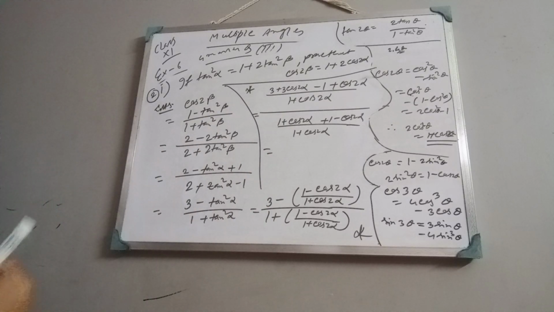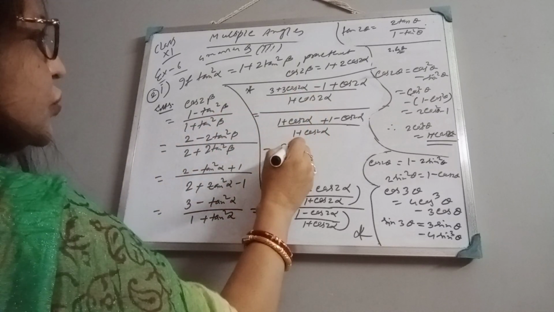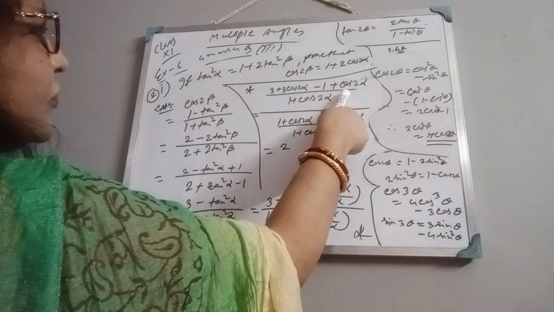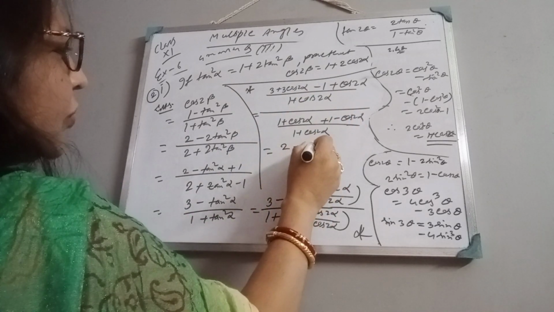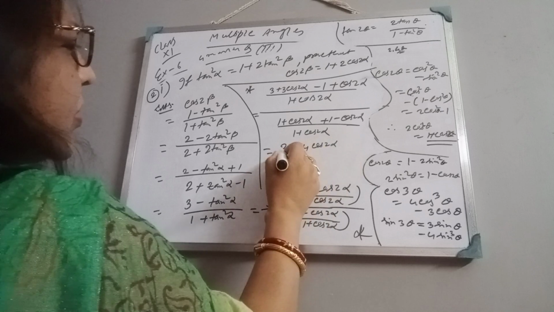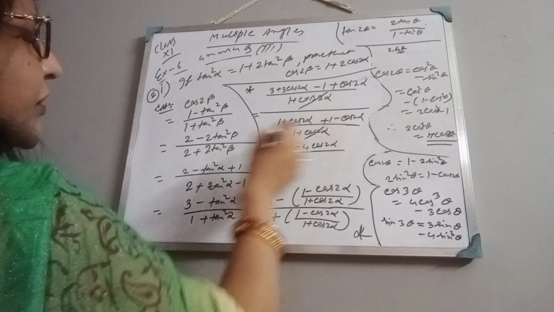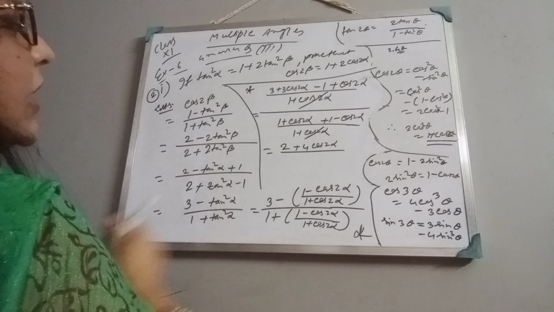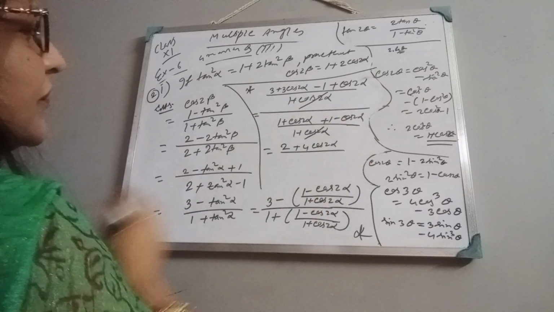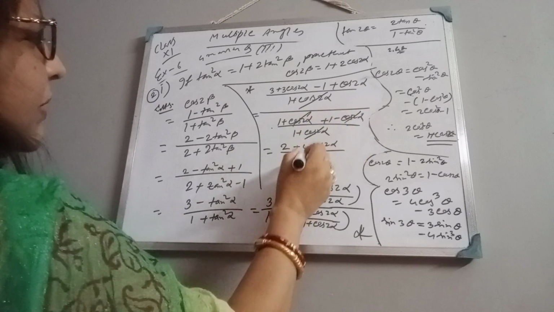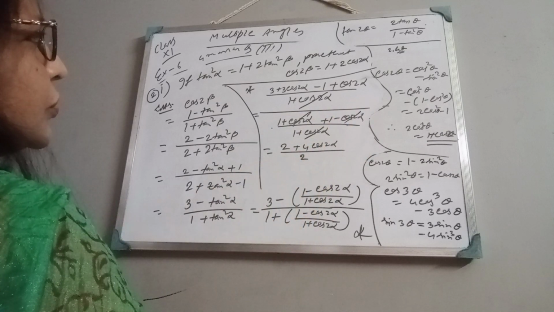Okay, now 3 minus 1 gives us 2. 3 cos 2α plus cos 2α is 4 cos 2α, divided by 1 plus cos 2α, these two will be cancelled, and cos 2α minus cos 2α also we can cancel, and 1 plus 1 gives us only 2.